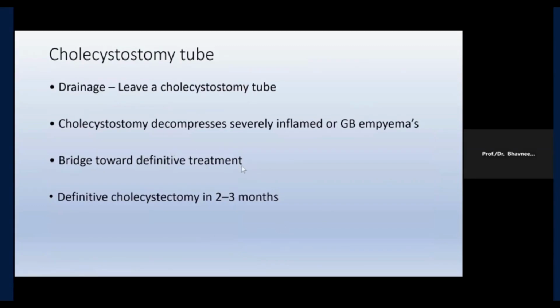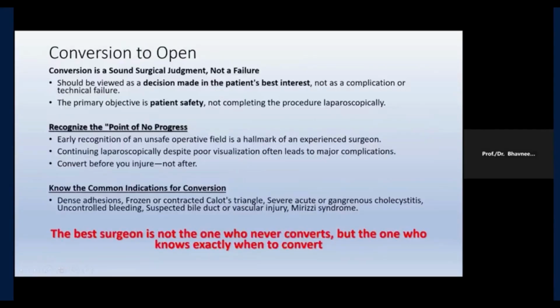Do a tube cholecystostomy and come out. Once you open the gallbladder, you remove all the stones, leave a tube, close the gallbladder over the tube, and take this tube out from the abdominal wall. Now this decompresses the gallbladder, removes the stones, and it gives you a window period. You can again go in after 2 or 3 months when things have cooled down and then do your complete cholecystectomy.